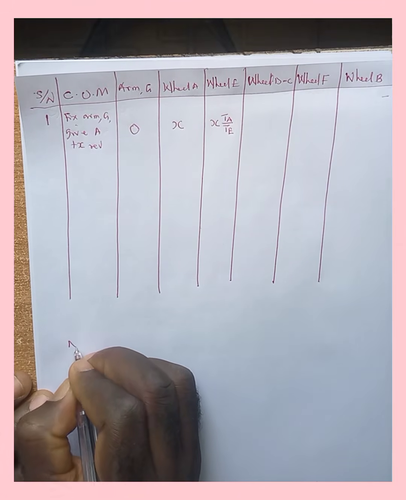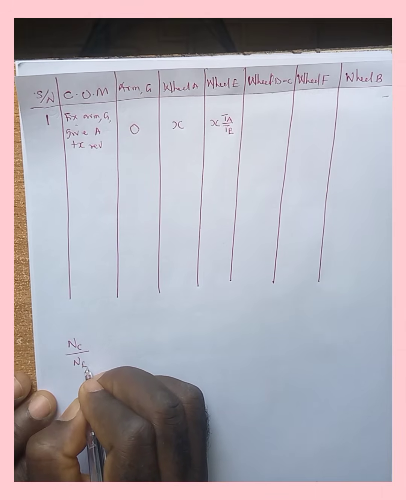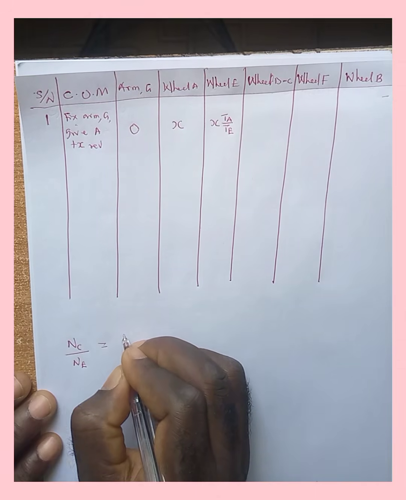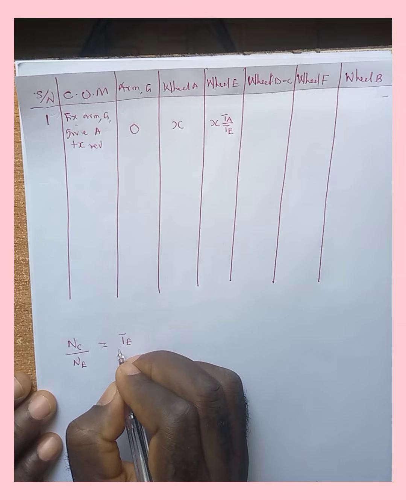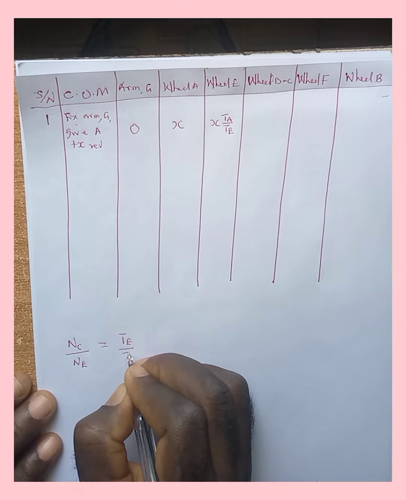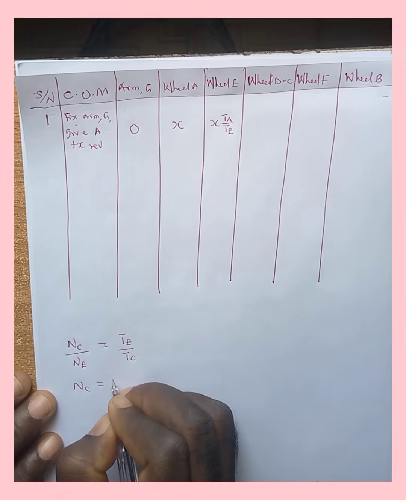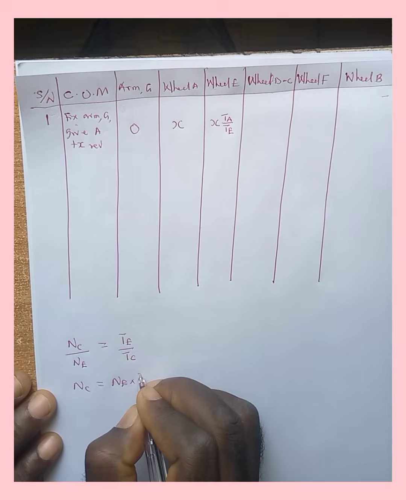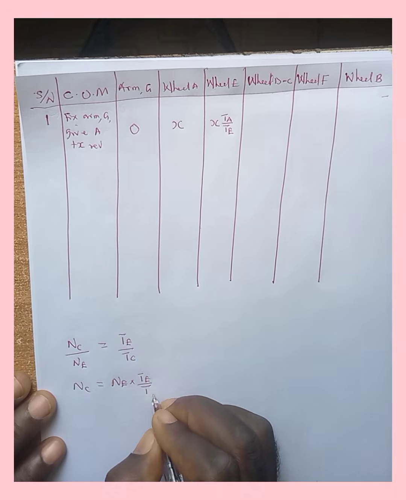Then we say the speed of the driven, which is C, over the speed of the driver, which is E, is equal to the number of teeth on the driver to the number of teeth on the driven. That is, NC is going to be NE multiplied by TE over TC.